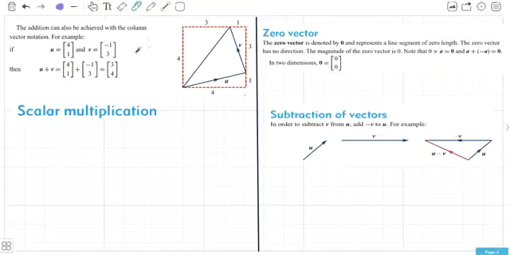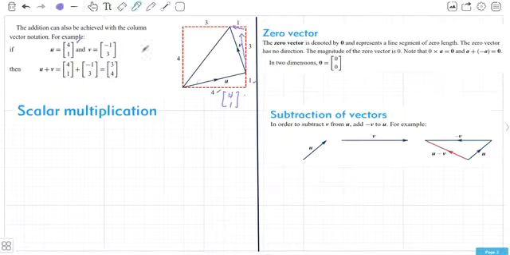You can also add using columns. If you have a particular vector U and V, say here, this vector U would be the column 4, 1, because you've gone across 4 and then you've gone up 1. And then this vector V here would be going across 1, and I should draw that the other way, because you're going that way, and you'd be going up 3.